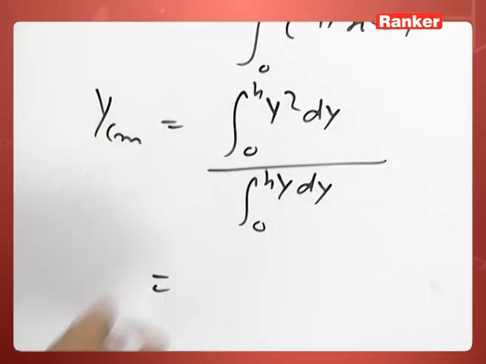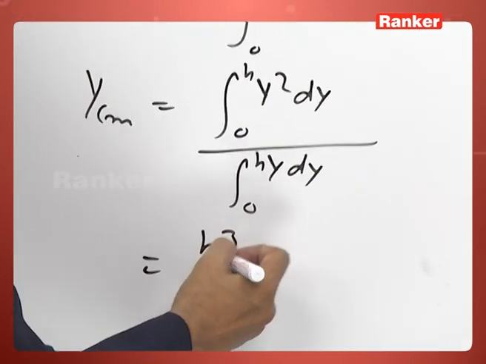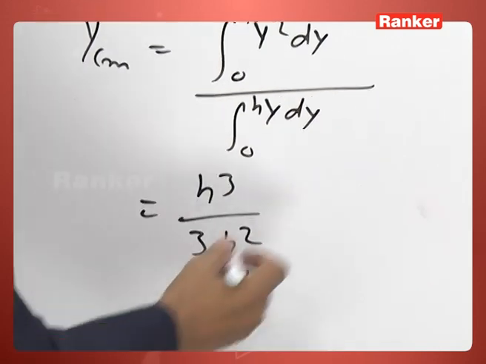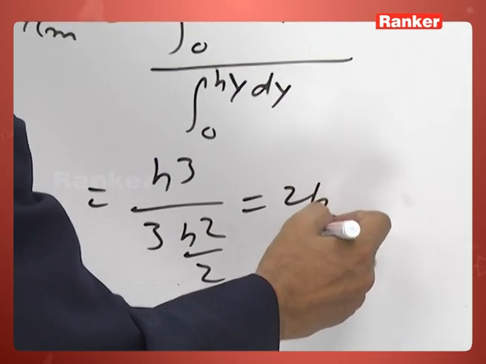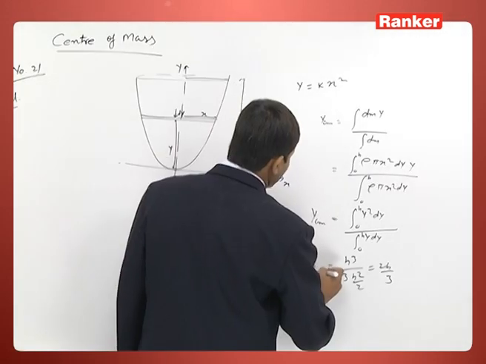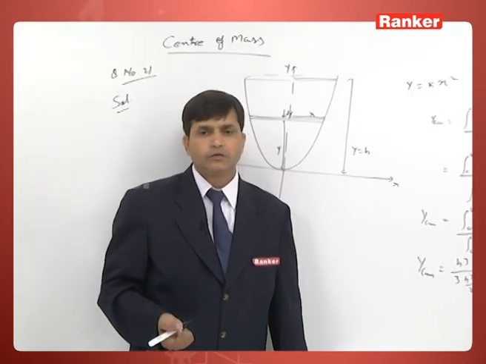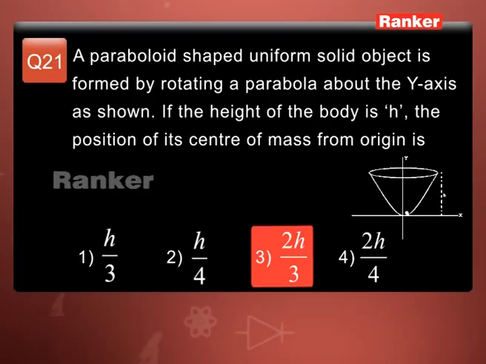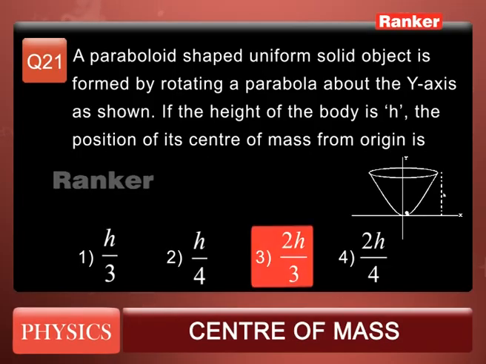Now simplify, this will be h cube by 3, this is h square by 2. So finally we are getting 2h by 3. So y cm is 2h by 3. So this is our option. The correct option, answer number 3, is the correct option.